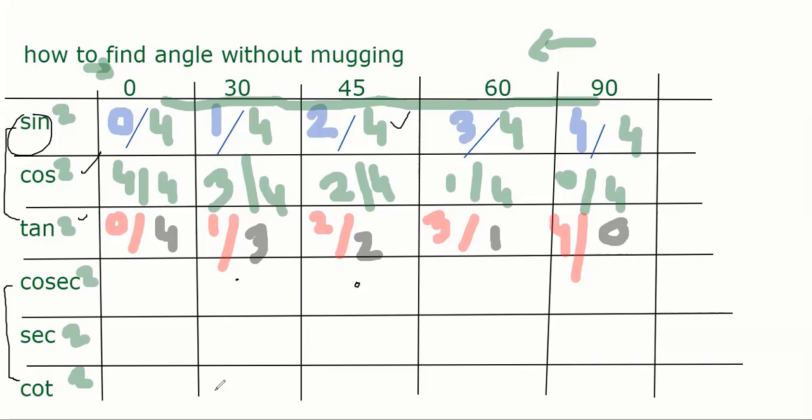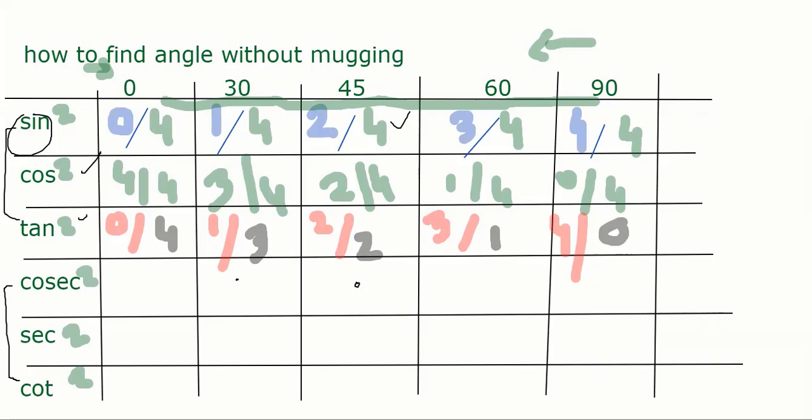What is cot of 90? Cot of 90, guys. Yes, Pradeep. Yes, Venkat. No, Shlesha. Cot 90, देखो tan है 4 by 0, तो होगा 0 by 4. 0 by 4 मतलब 0.